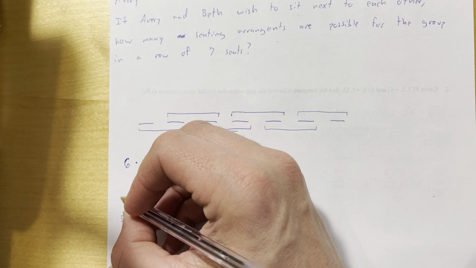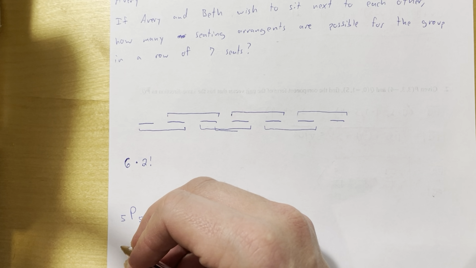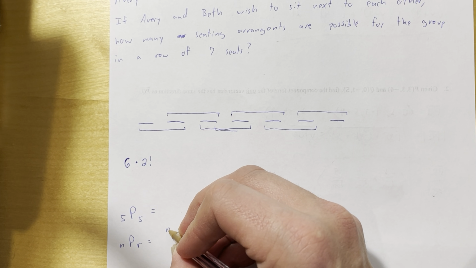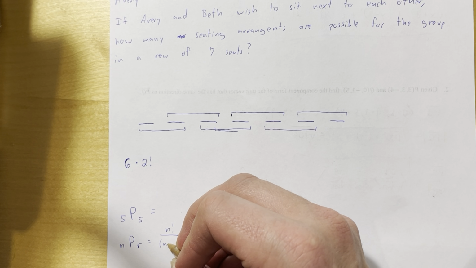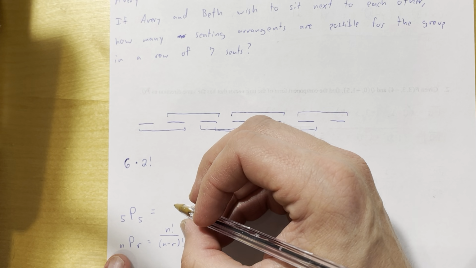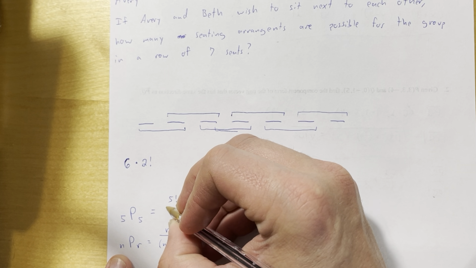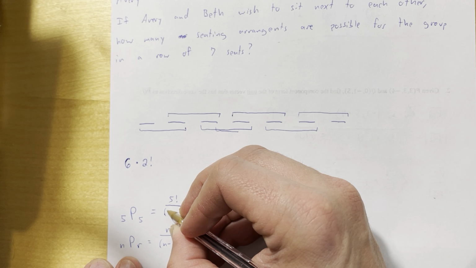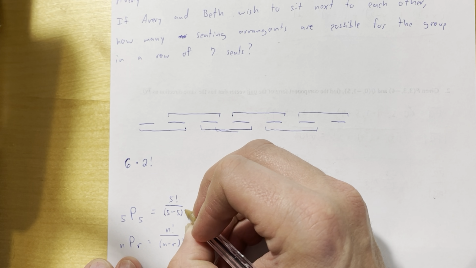And just as a reminder of the formula for a permutation, it's equal to n factorial over n minus r factorial. In our case, that would look like 5 factorial over 5 minus 5 factorial.